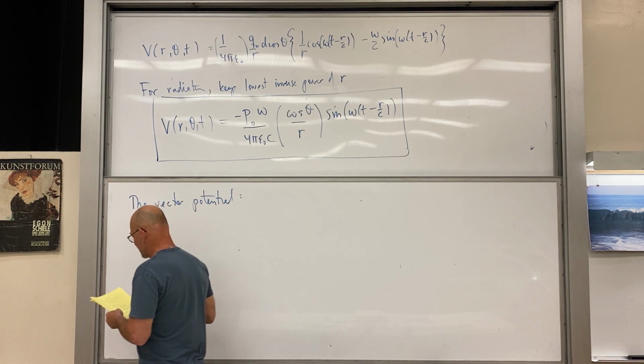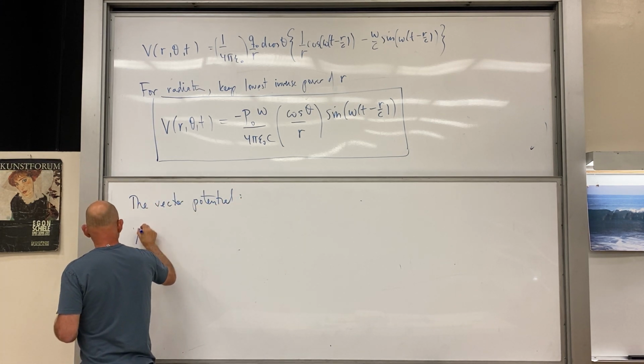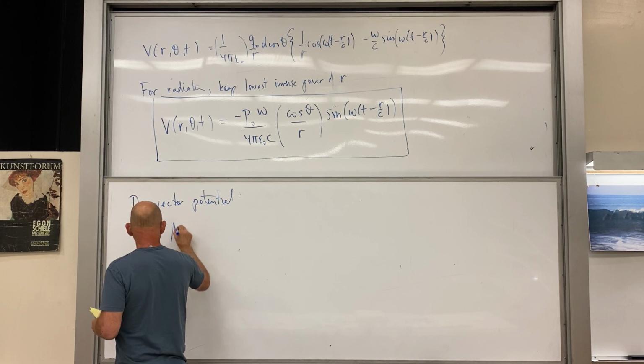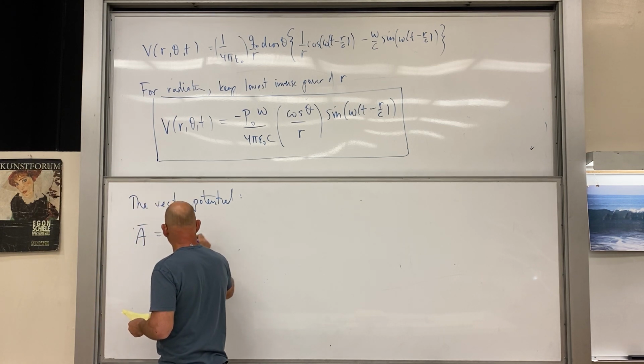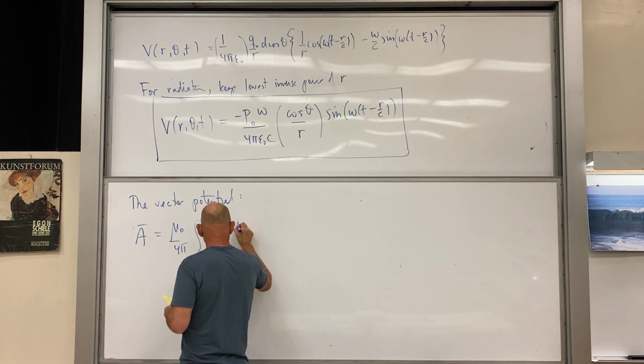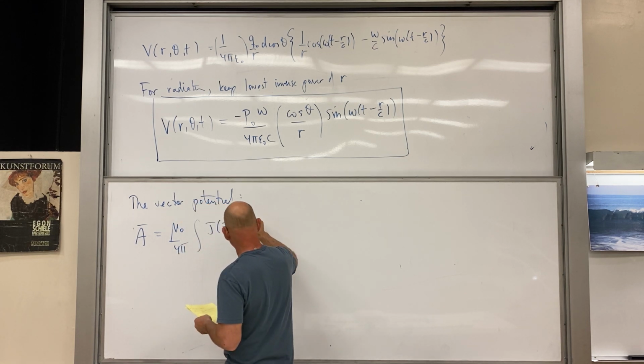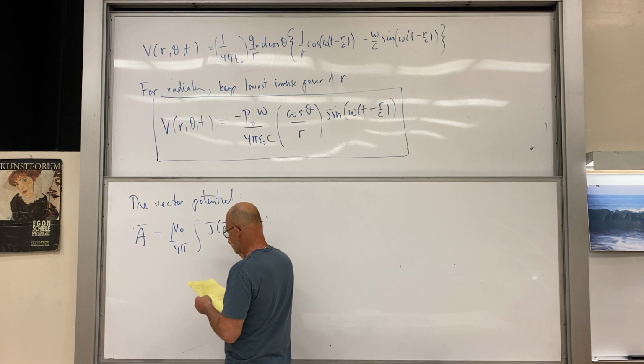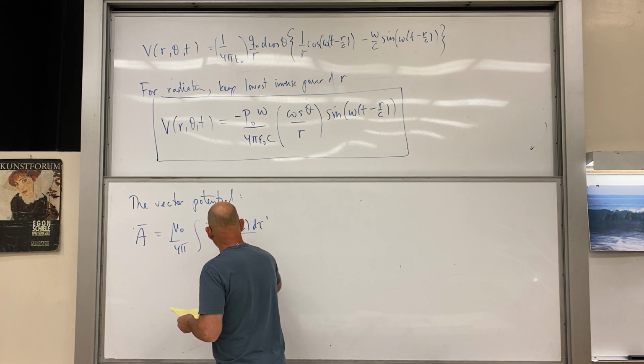Its definition is μ0 over 4π, the integral of J(r′, retarded time) dτ′ divided by r.